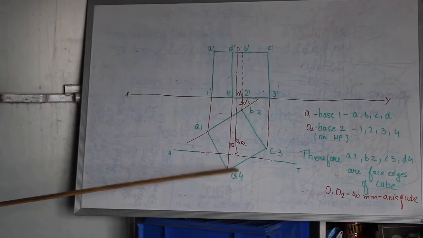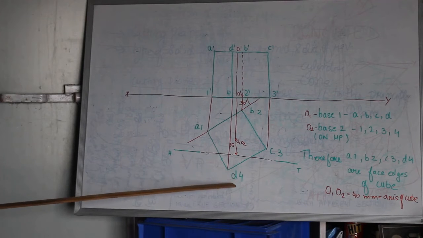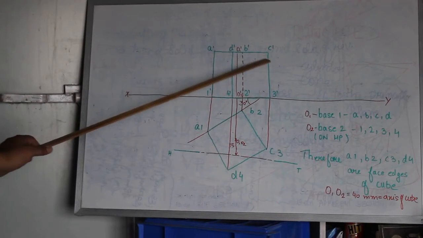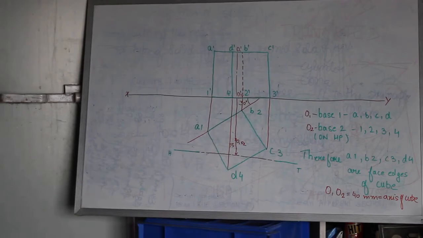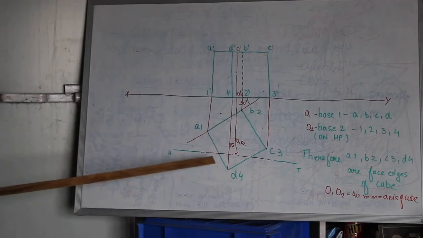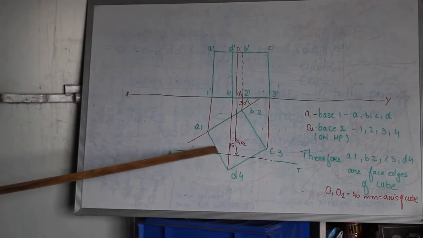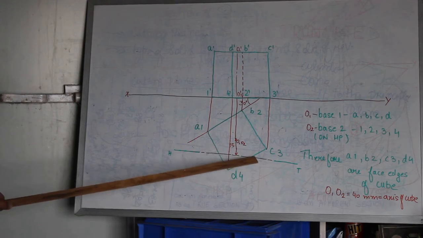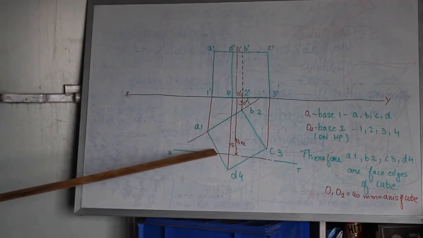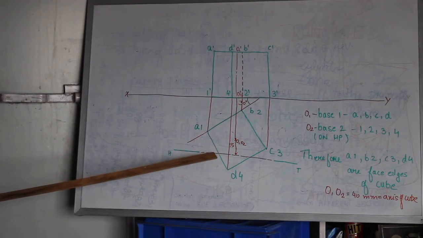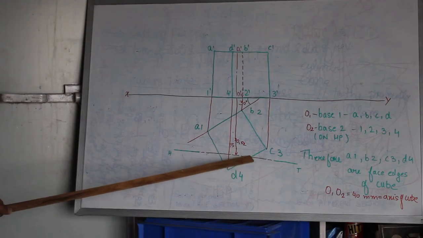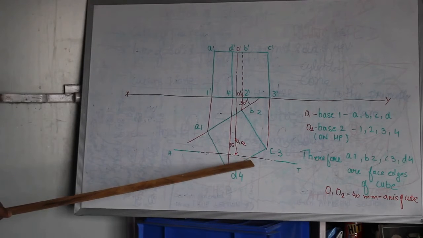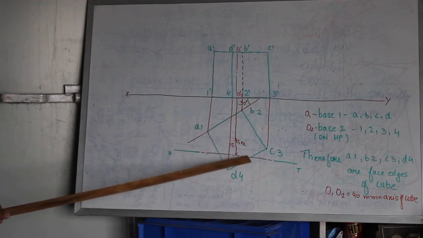Over here, the base edge of the base 1 is named as DC, and the base edge of the base 2 is named as 4 and 3. Alright, so we have 4 cutting points, 2 on this side and 2 on this side. First point on the base edge of the base 1 and second point on the base edge of the base 2. First point on the base edge of the base 1 and second point on the base edge of the base 2. 1, 2, 3 and 4.